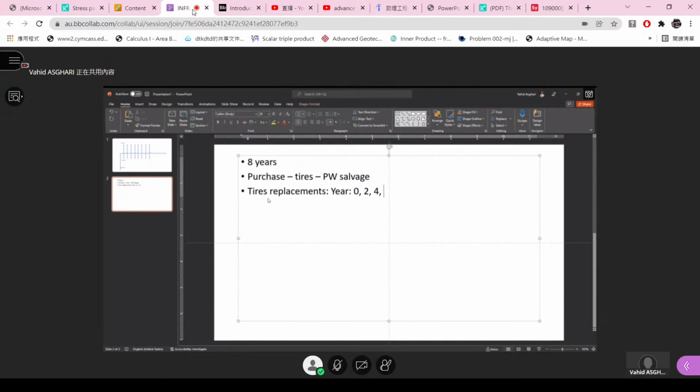And then 6. So nothing wrong. So they're gonna buy a new set of tires at the beginning of the 2nd year, at the beginning of the 4th year, and at the beginning of the 6th year. They're not gonna buy any tires when they're gonna sell the car. Who's gonna buy new tires for a car that is gonna be sold to someone else? So this is the second part.